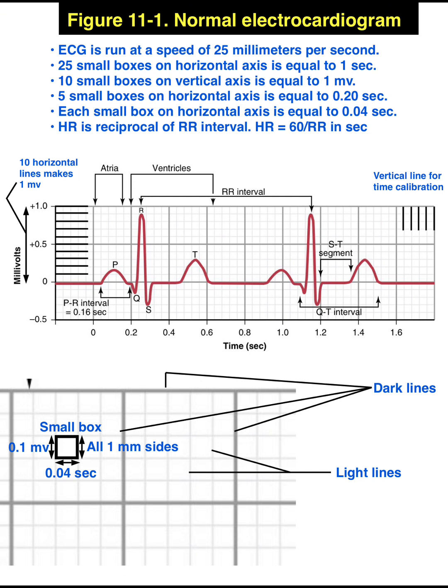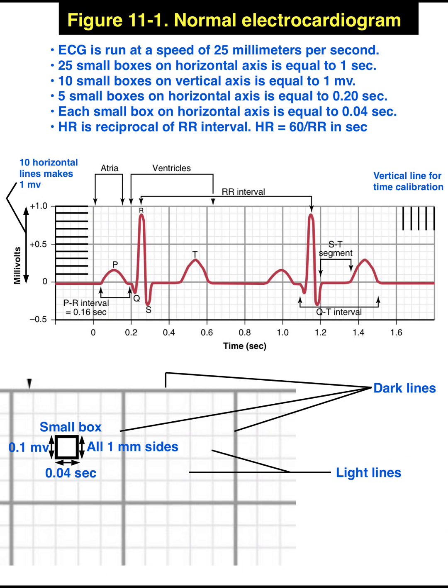EKG is run at a speed of 25 millimeter per second. 25 small boxes on horizontal axis is equal to 1 second. 10 small boxes on vertical axis, as I told before, is equal to 1 millivolt. 5 small boxes on horizontal axis is equal to 0.20 seconds.